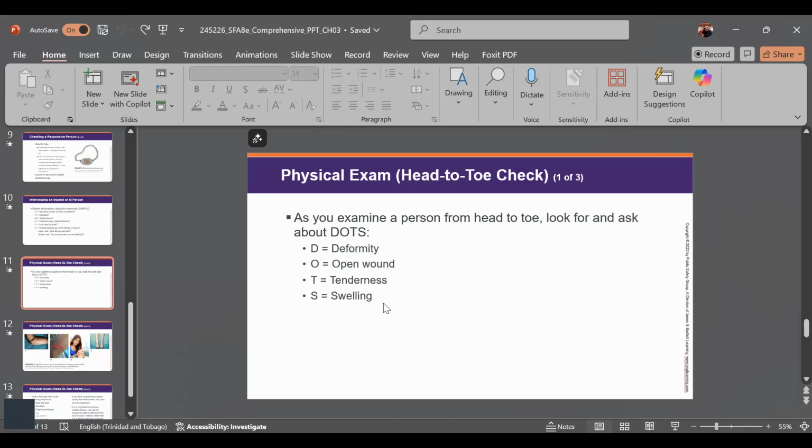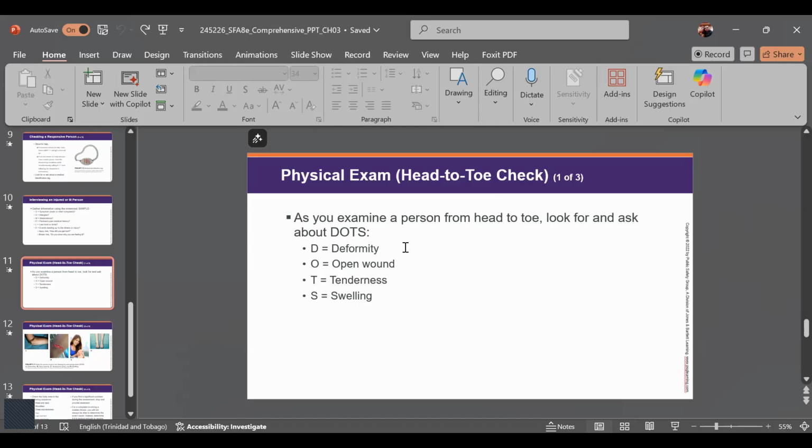But if I ask the person how to check somebody from head to toe, they start, well, you squeeze the head, you feel the neck, you squeeze the chest, the shoulders. They could explain it, but tell them to describe what DOTS is, they're unable to. The app now is supposed to have DOTS on it to guide you, to help you understand.